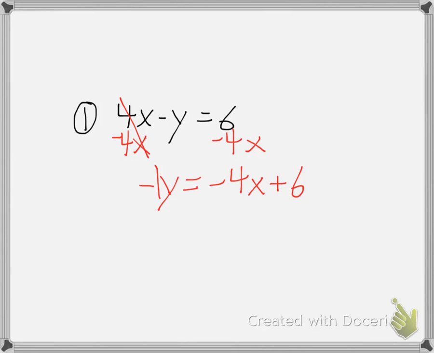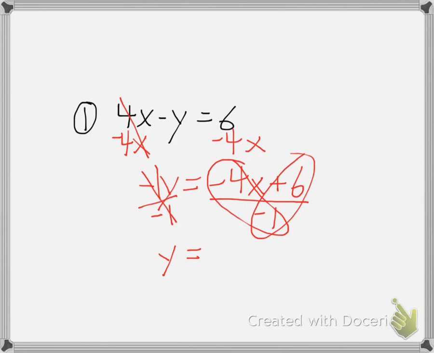You need to divide by negative 1. So I get y on this side, and on the other side, now remember you have to divide this by negative 1, but also that. Both terms on the other side have to be divided. It's just like distributive property with multiplication, only it's distributive property with division.